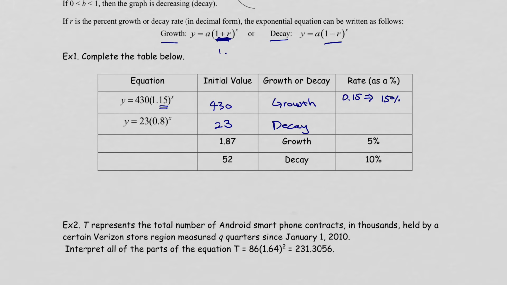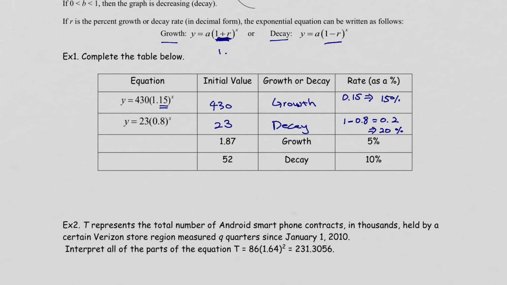It will be 1 minus 0.8, which is 0.2. And when we change that to percent, it will be 20%. So if you decay 20%, that will give you 0.8 because you're subtracting 0.2 from 1, right?